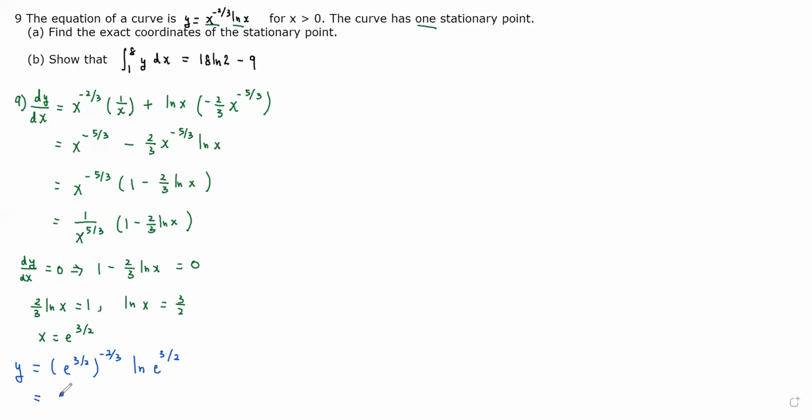This will give us e to the negative 1, and ln e to the 3 over 2 is just 3 over 2, which can be written as 3 over 2e. Then the stationary point has exact coordinates e to the 3 over 2 and 3 over 2e.